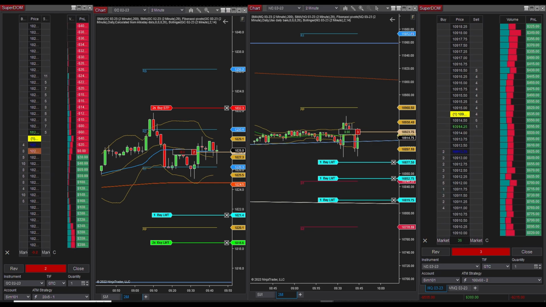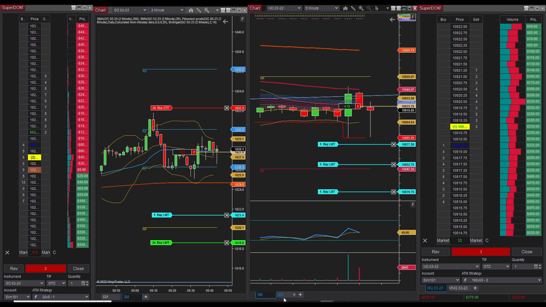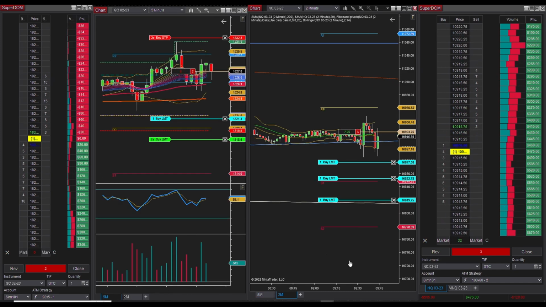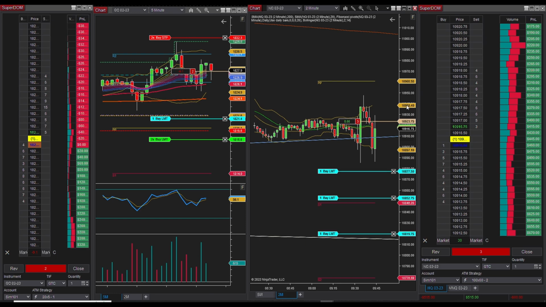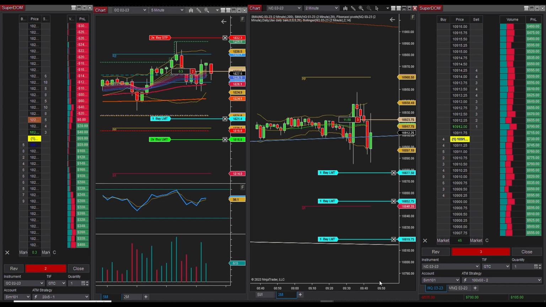So I placed my first target on gold as well, and now we'll see what's happening with the Nasdaq. On the gold, my first target is around the opening of the market for today, where the price opened at the Asian session.